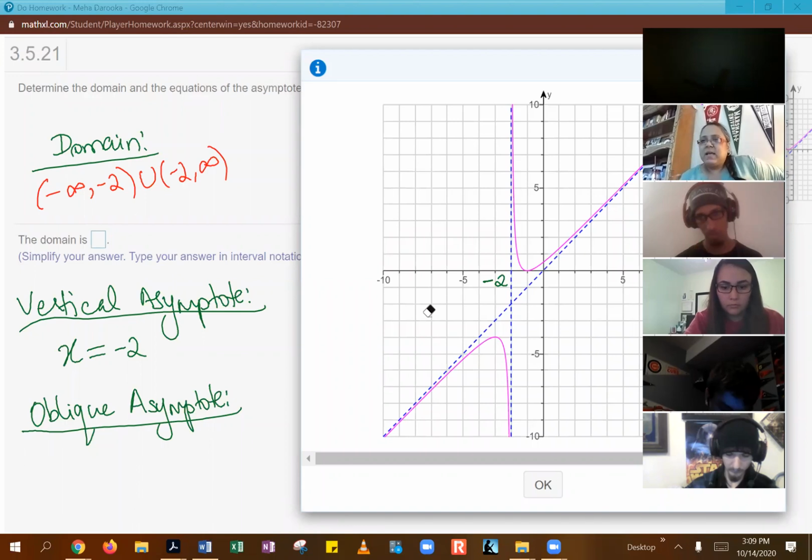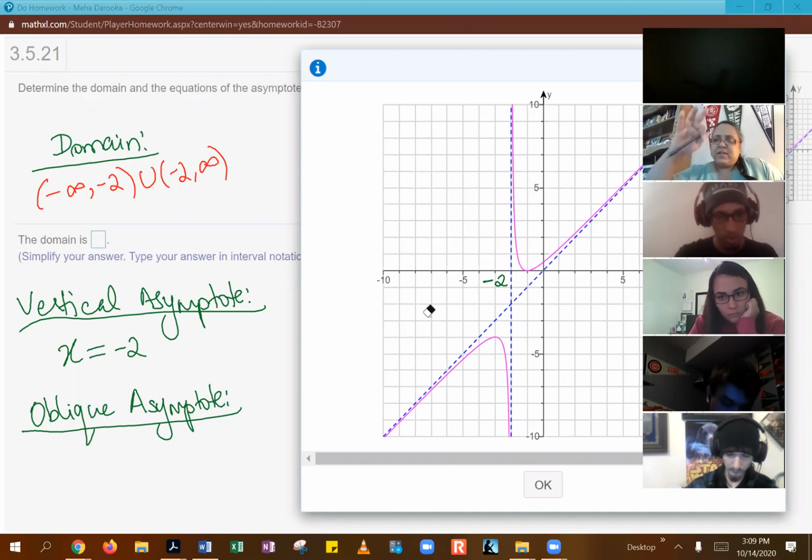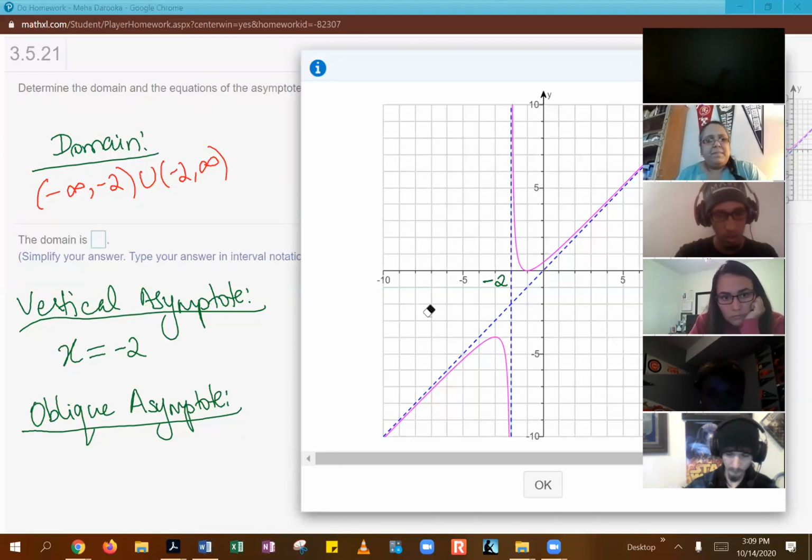What's our process when we're trying to find the equation of a line that has a positive slope or a negative slope? And we had kind of talked about this in chapter 1 also. You can use points on the line, very good. What else can we do?